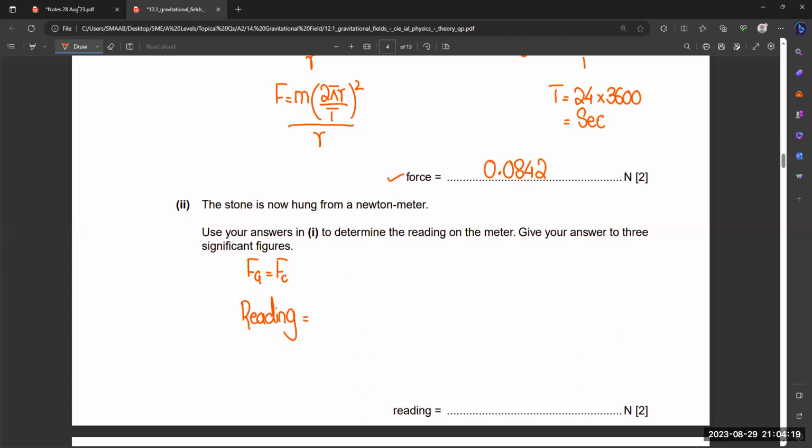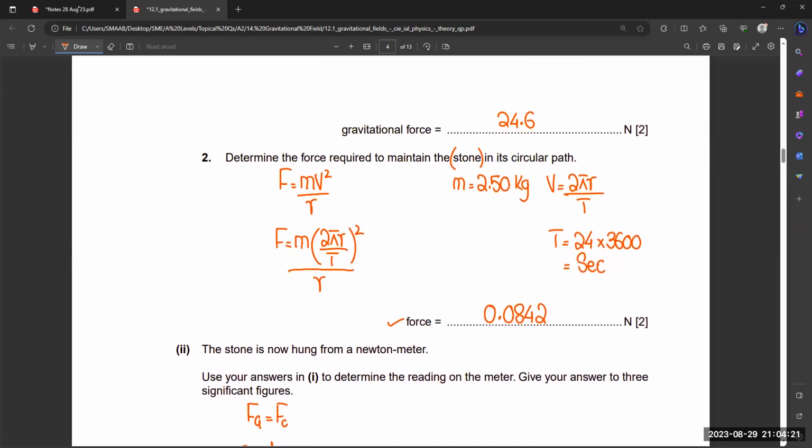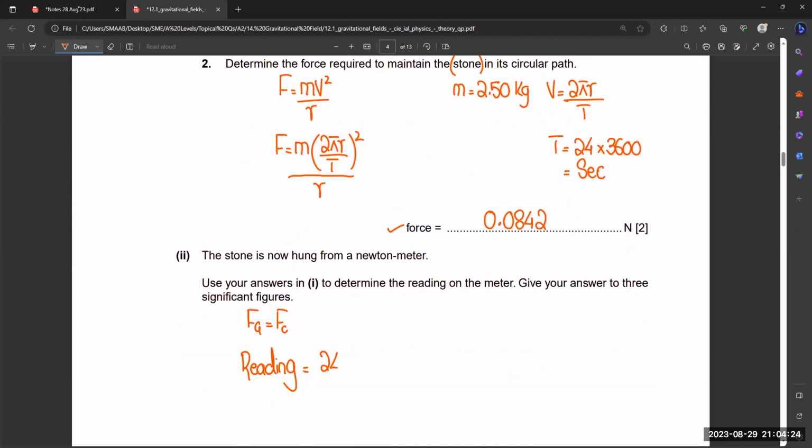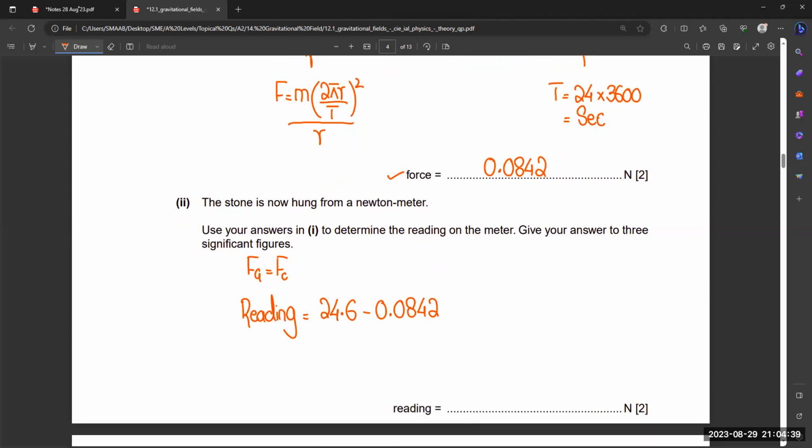The first reading is 24.6 minus 0.0842. Whatever answer you get, you need to convert into 3 significant figures, right? Yes. So if you subtract the values, you will get the answer, then convert it into 3 significant figures.